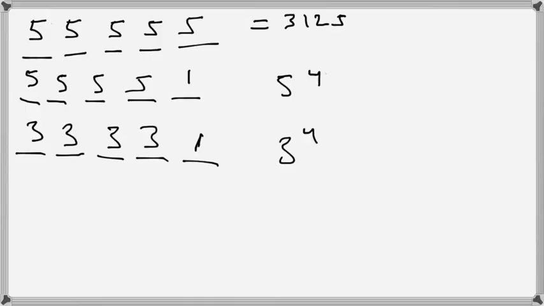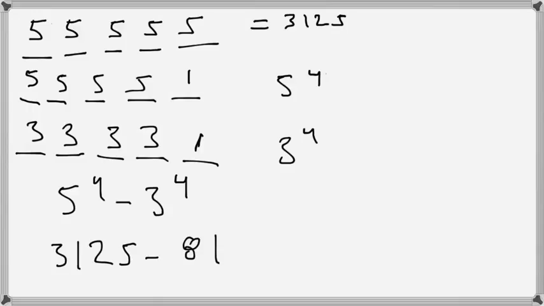Now to get your answer, you do 5 to the 4th minus 3 to the 4th, which is 3,125 minus 81, and you get 3,044.